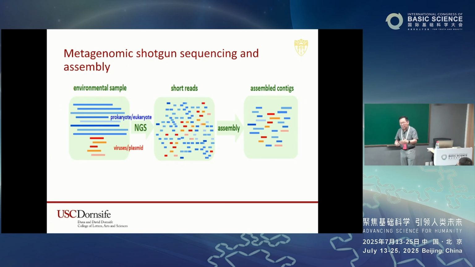But the problem is that for many of those reads, probably half of them, you cannot map to those reference genomes. And in that sense, do they come from bacteria, archaea, or viruses, and so on? If we cannot map these reads to the reference genomes, we want to classify them.